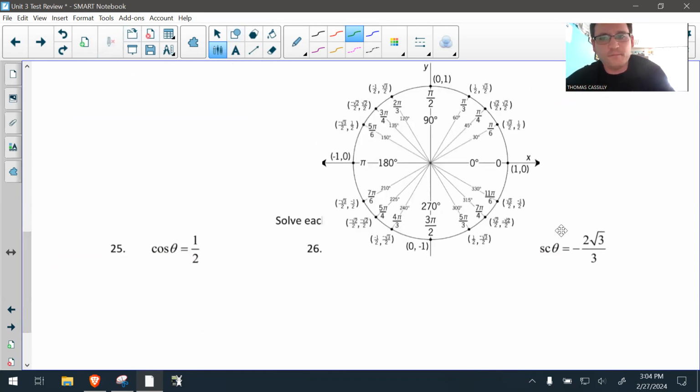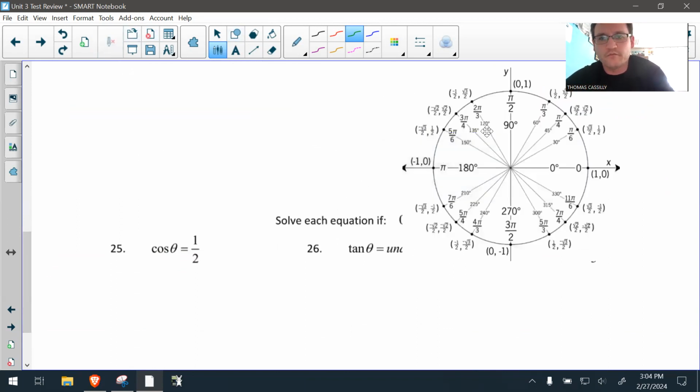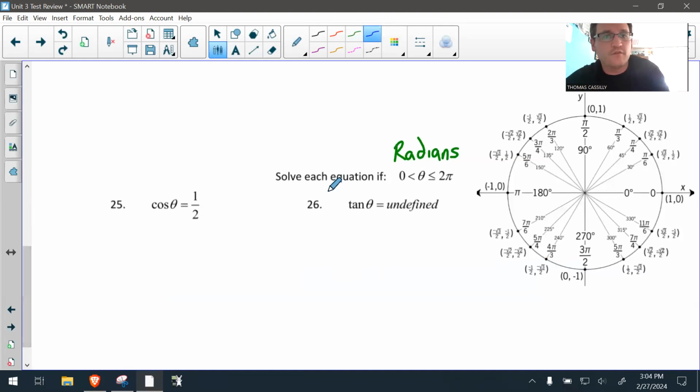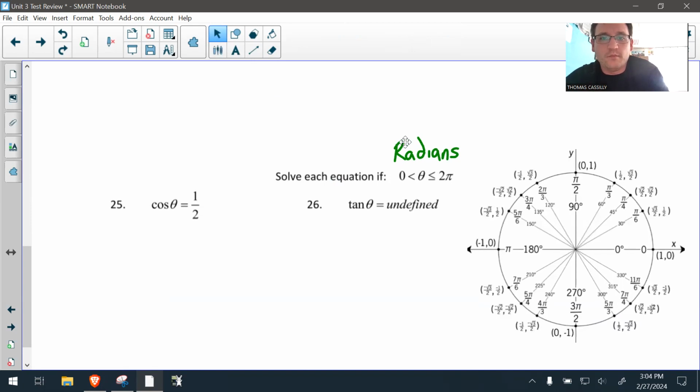Last section, same thing, but you'll notice on this one we have radians. So just make sure, be careful, read the directions, make sure you're doing exactly what they're asking for here. The radians for cosine of 1/2.